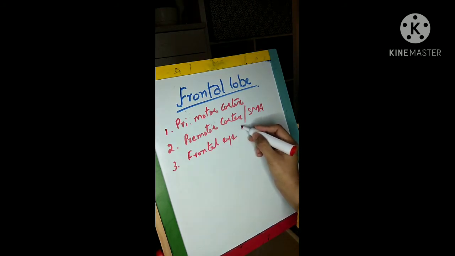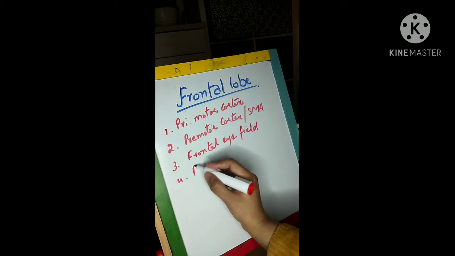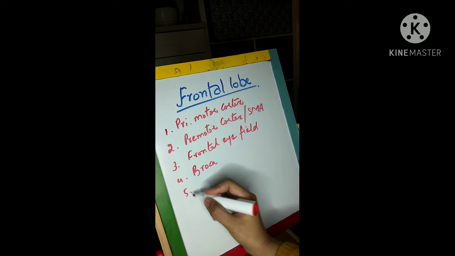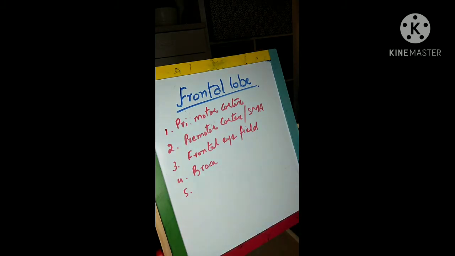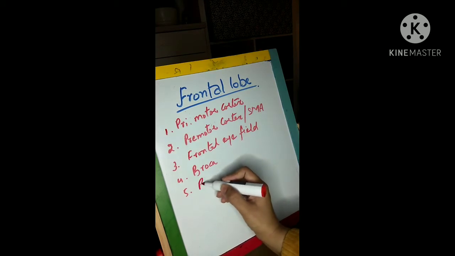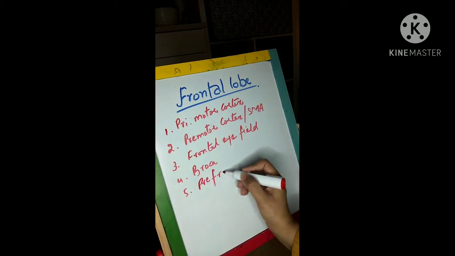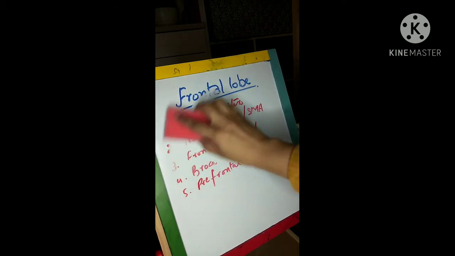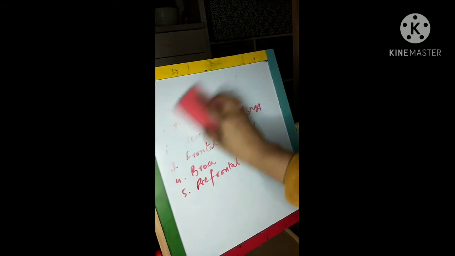Thirdly, we also have frontal eye field in frontal lobe. Fourth is Broca's area, and fifth is prefrontal cortex. So now I will tell you about all of these, how they function and some other details about them.